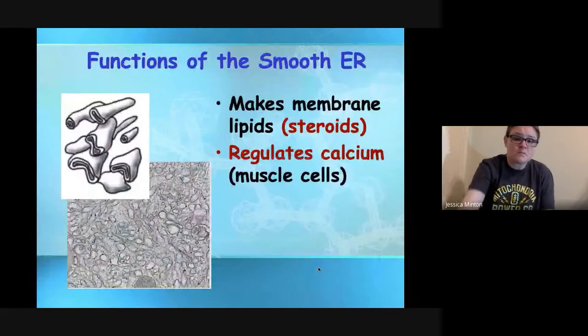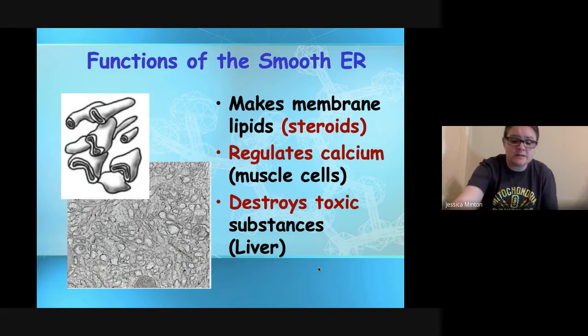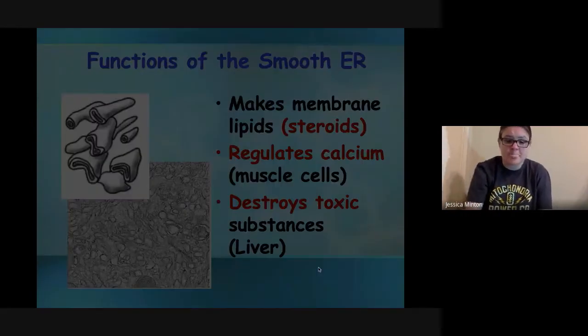It makes lipids like steroids. Going back again, steroids are made out of lipids, also known as fats. It regulates calcium, like in your muscle cells, and it's going to destroy toxic substances. It helps the liver flush out all of the junk in the body to get rid of everything that can hurt it.